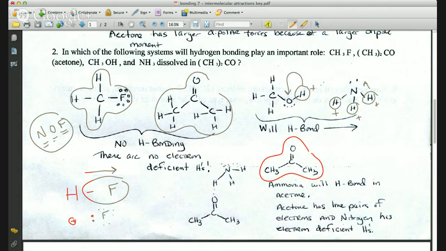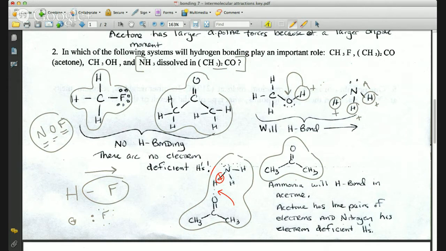And of course, if NH3 is dissolved in acetone, and this is the question here, there will be attractive forces, and you will have H bonding with acetone. The electron deficient H of the ammonia will attract that end, all right?